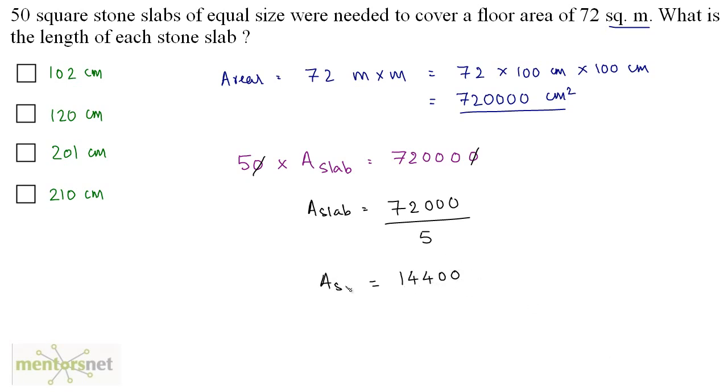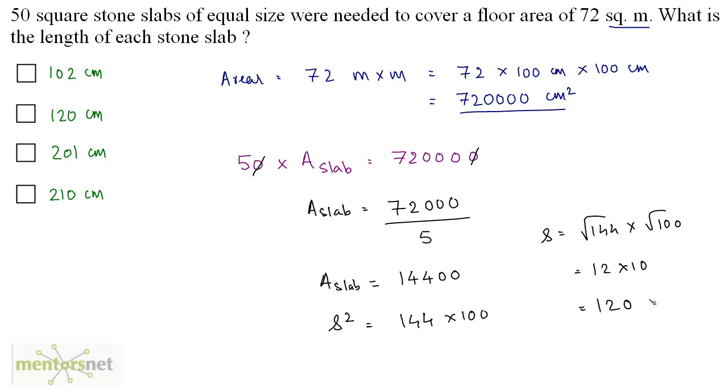So this is the area of a slab. Now what is the formula for the area of a square? That's side square. That's 14400. This can be written as 144 times 100, right? Now we have been asked what is the length of each stone slab, and that can be calculated now. So S is equal to root of 144 times root of 100, and that's 12 times 10, and that is 120 centimeter. Okay, so option B is the correct answer.